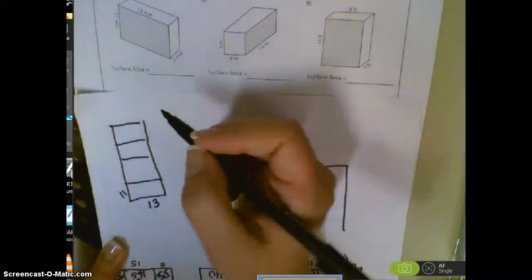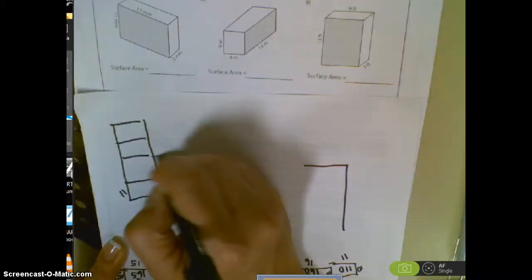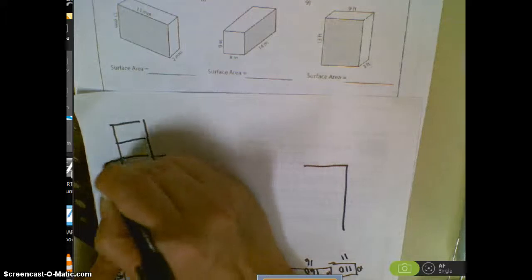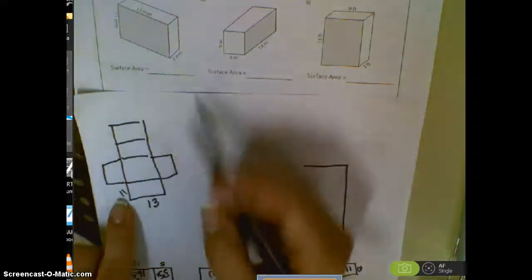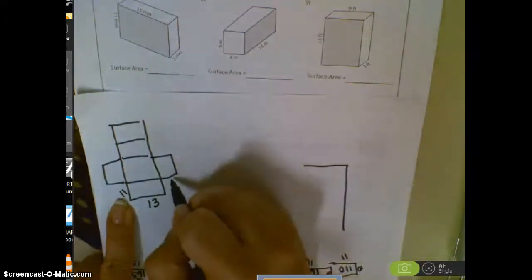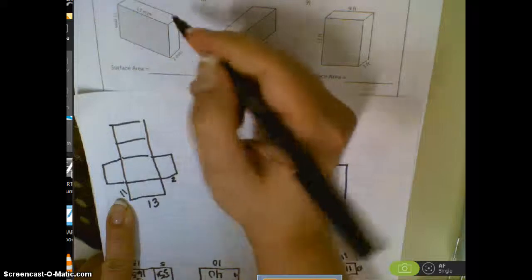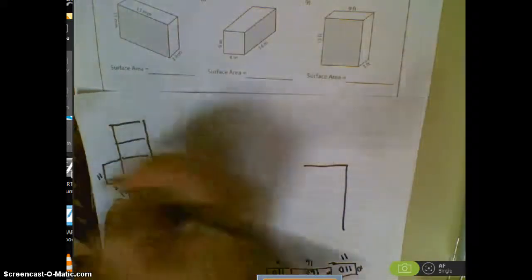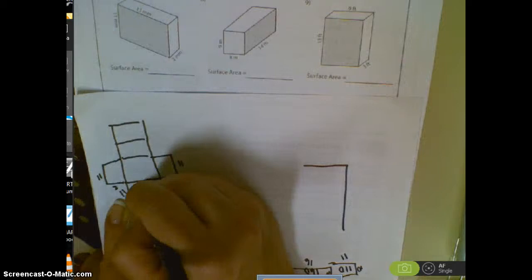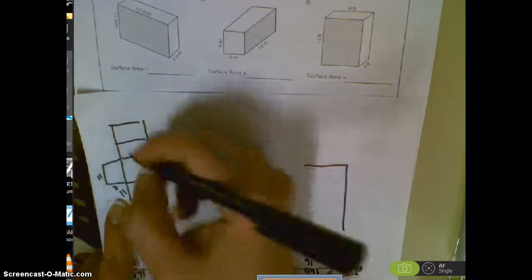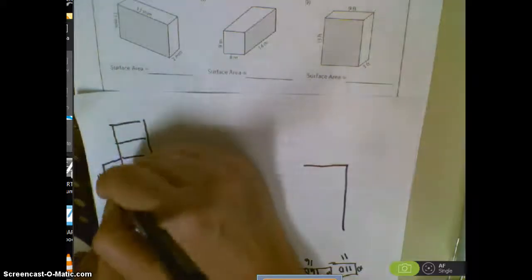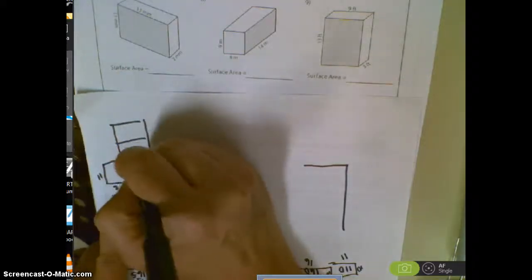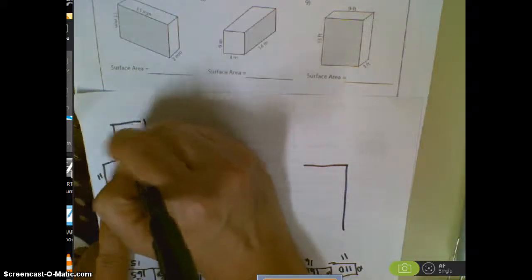One of these is an 11. I've got to put some sides on here too. And a 2. A 2 and an 11. A 2 and an 11. And a 13 and 11, these are all going to be 13. This will be a 13 and 2, and a 13 and 11, and a 13 and a 2.